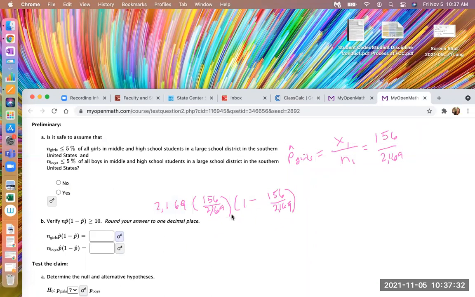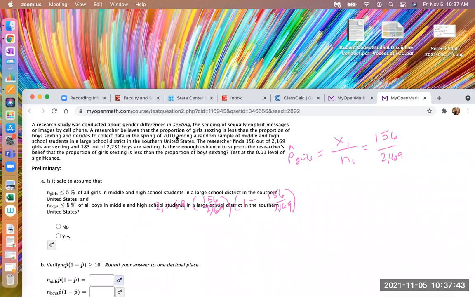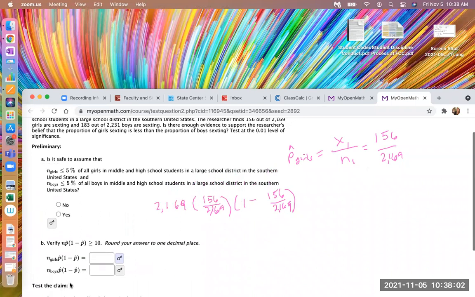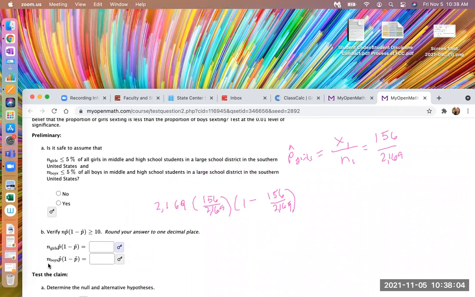All right, and then you do the same thing with boys, and let's use blue for these. It doesn't want to change colors for me for whatever crazy reason. Okay, so then I'm going to plug into this equation right here.